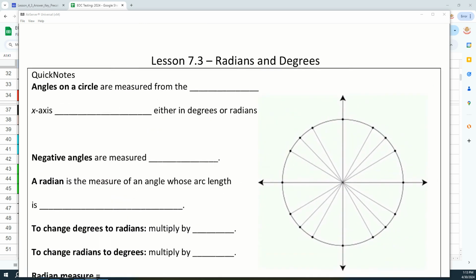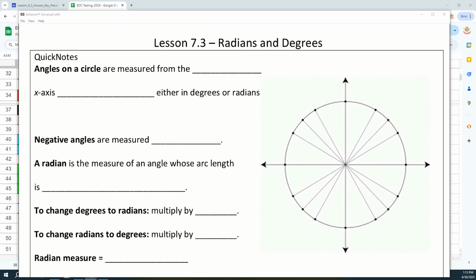Okay, so on the back, we're going to fill in some notes. All right, so angles on the circle are measured from the positive x-axis, and they're measured counterclockwise.